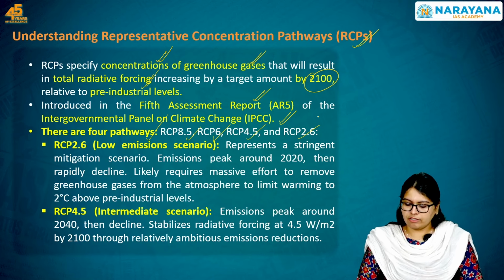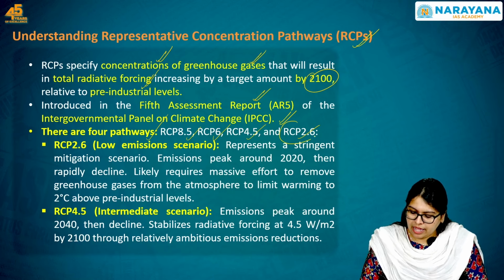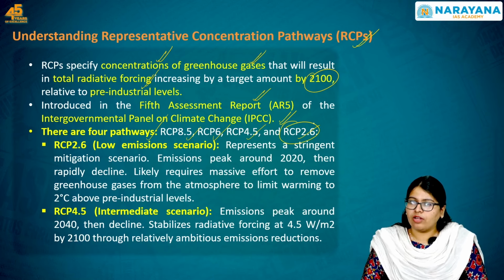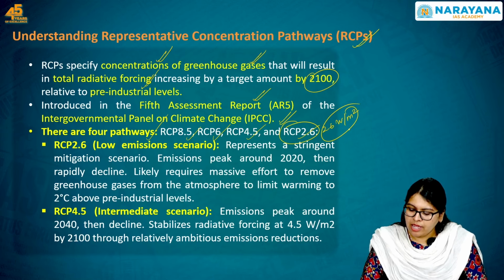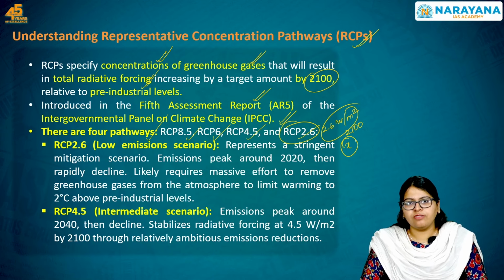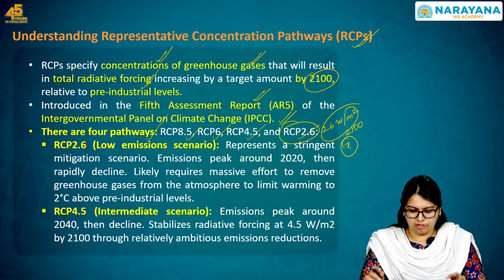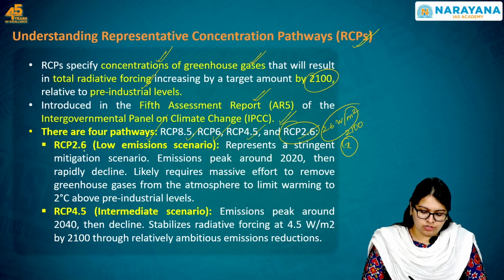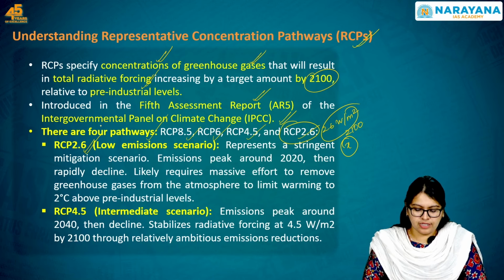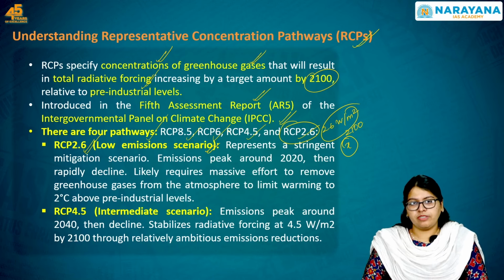This means that there will be an RCP, that is representative concentration pathway, of 2.6 watts per meter square by the year 2100 if X amount of greenhouse gas concentration is present. So that is the meaning of it. First, RCP 2.6 is a low emission scenario.